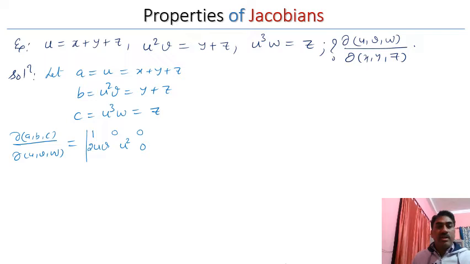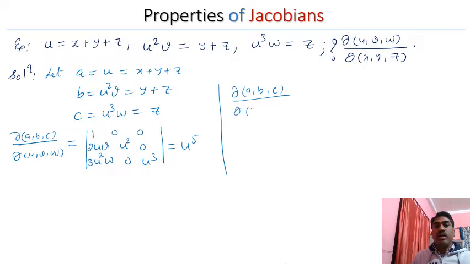Then del c by del u, this is 3u square w, and del c by del v, so c doesn't have v, so this is 0, and del c by del w is u cube. So this determinant comes out to be u to the power 5. And now we can find Jacobian of a, b, and c with respect to x, y, and z.